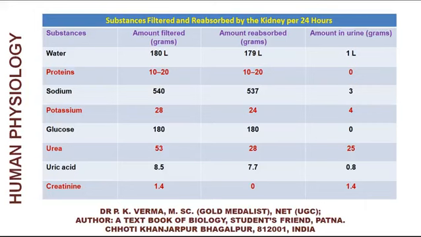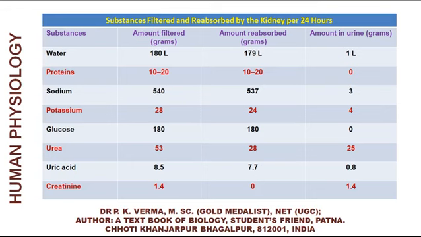The amount of protein in filtrate is 10 to 20 gram, but all is absorbed. Sodium, 540 grams, but reabsorption takes place of 537 grams, so only 3 grams of sodium is released through urine.